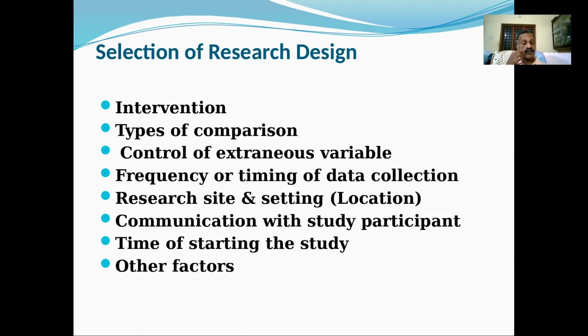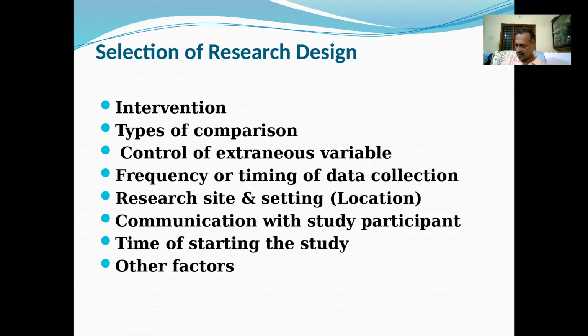Now, selection of research design. How do we select a research design and what are the important contributing factors by which we will select a research design? The first aspect for selecting a research design is intervention.